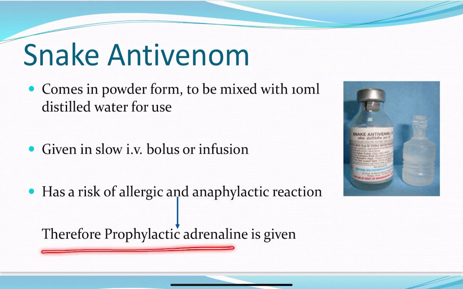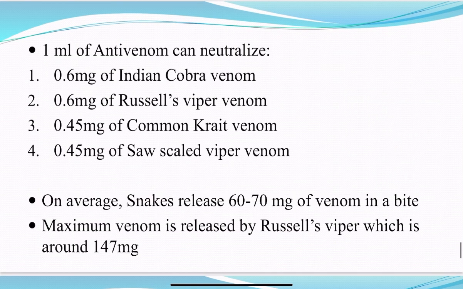Hence, prophylactic adrenaline is given before giving anti-snake venom. 1 ml of anti-snake venom can neutralize 0.6 mg of Indian cobra venom, 0.6 mg of Russell's viper venom, 0.45 mg of common krait venom, and 0.45 mg of saw-scaled viper venom. On average, snakes release 60 to 70 milligrams of venom in a bite. And the maximum venom is released by Russell's viper, which is around 147 milligrams.